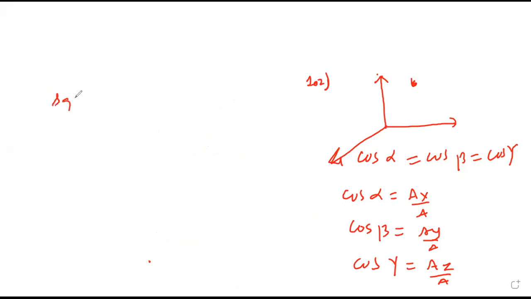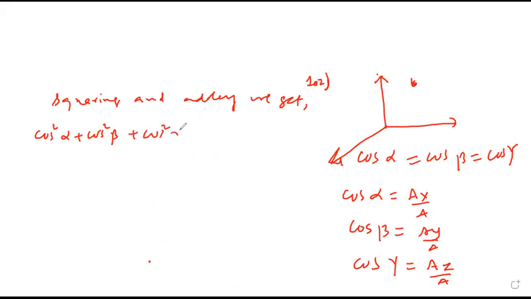So squaring and adding, we get cos square alpha plus cos square beta plus cos square gamma is Ax square upon A square, Ay square upon A square, Az square upon A square.